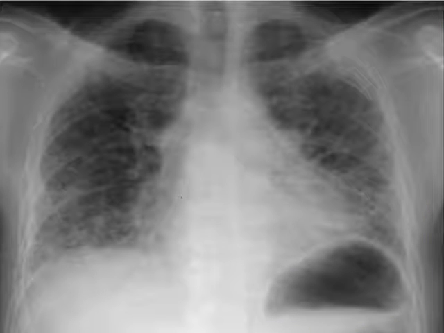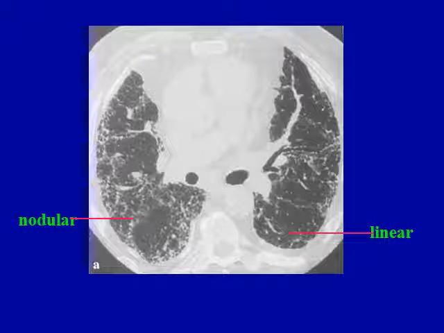We come to the chest X-ray. Here, there are changes on both sides. These are linear shadows, and these are the nodular shadows. This is called reticulonodular appearance in the X-ray. By this scan, it is more clear.